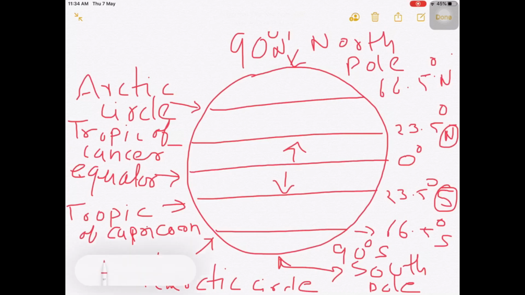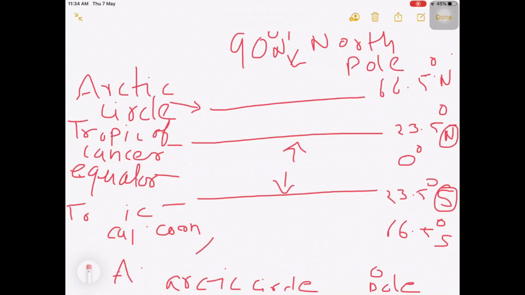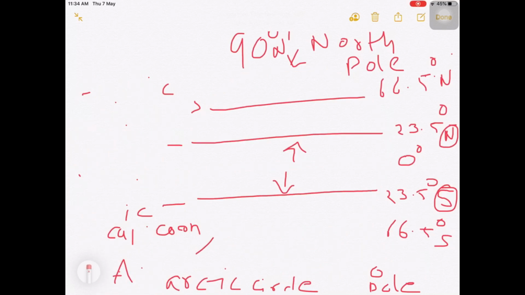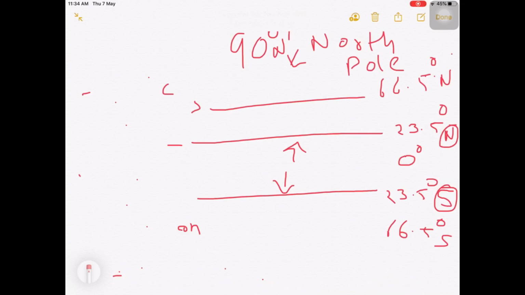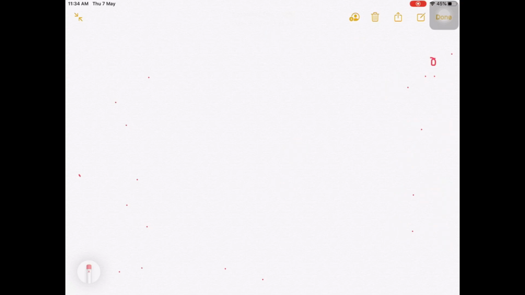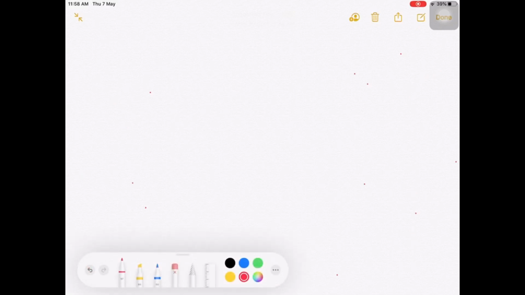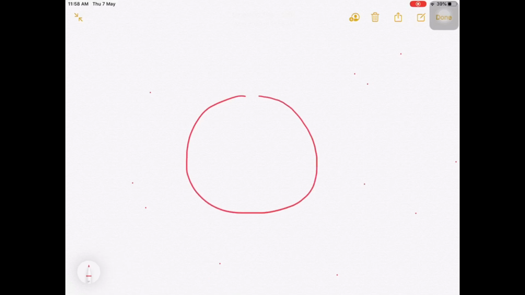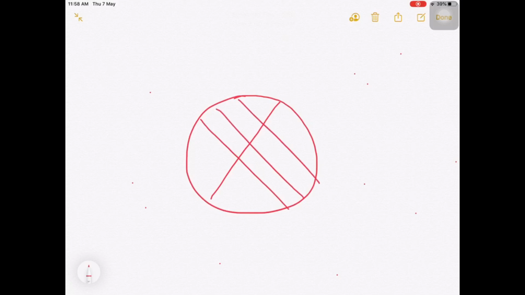But here you always need to remember one thing I told you earlier: if you draw the latitude lines with the axis of the earth, which is always tilted like this, then I need to draw all the latitude lines in a slanting way.